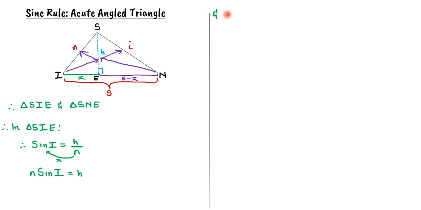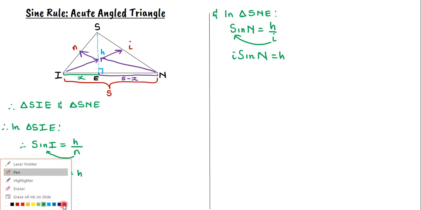And we do the second part in triangle SNE: sine n will be equal to the opposite over the hypotenuse I. When you cross multiply again, you get I sine n equals h. And from here, we notice that h is represented in two ways, so we're going to take one way.